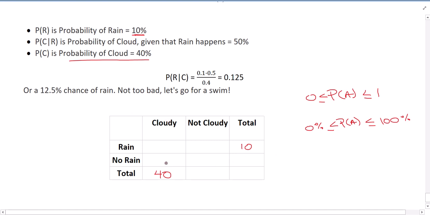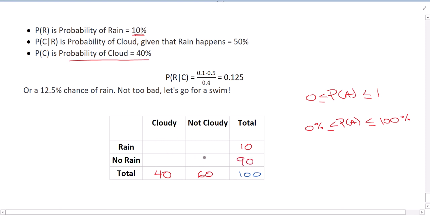So that means these should add up to 100 if I'm looking at percentages. The total should be 100. So this helps me figure out, if my total should be 100 here, 40 plus what gives me 100? That will be 60. And 10 plus what gives me 100? That will be 90.